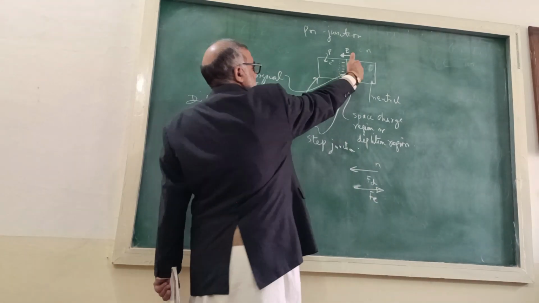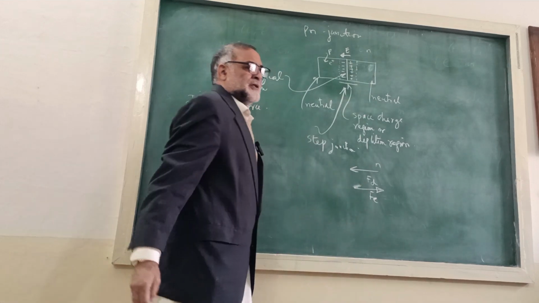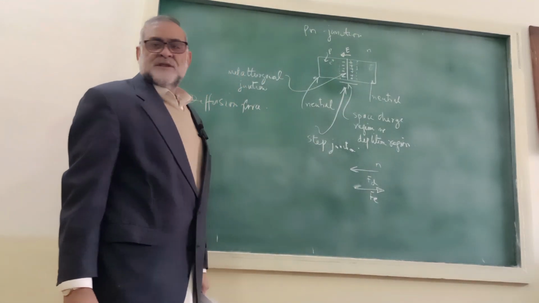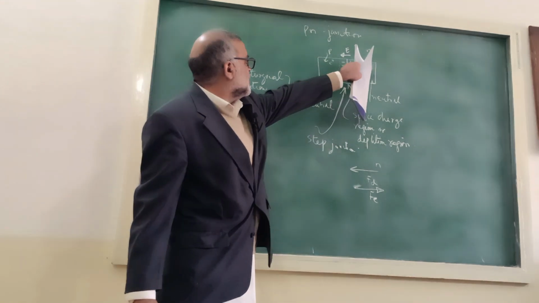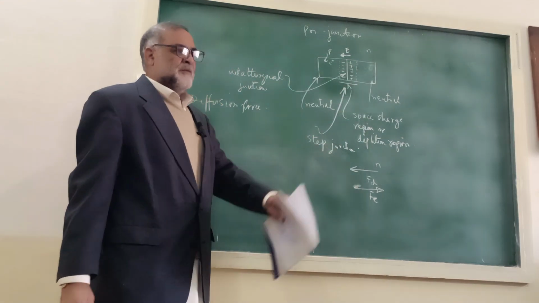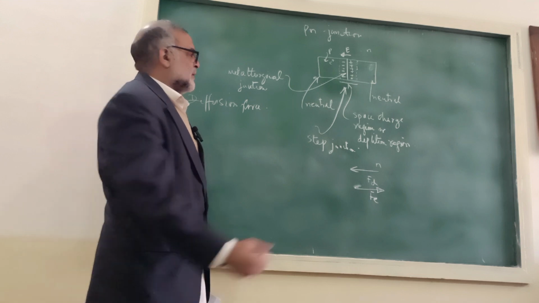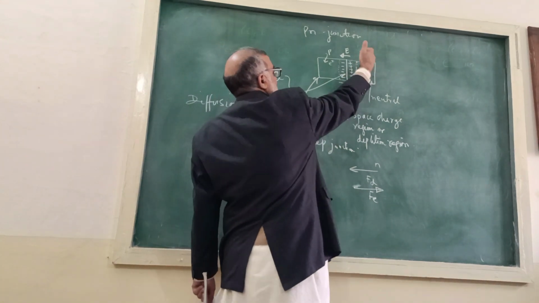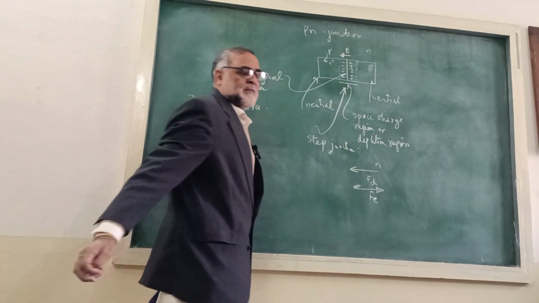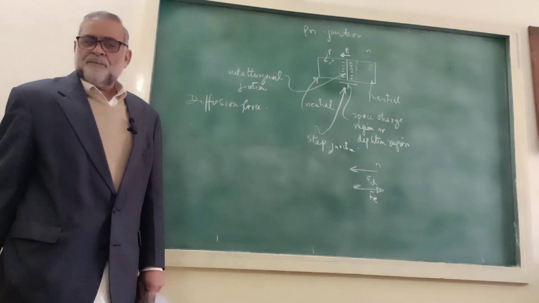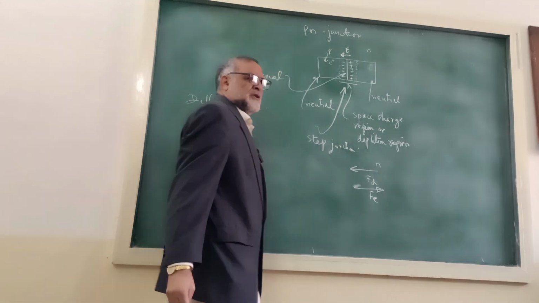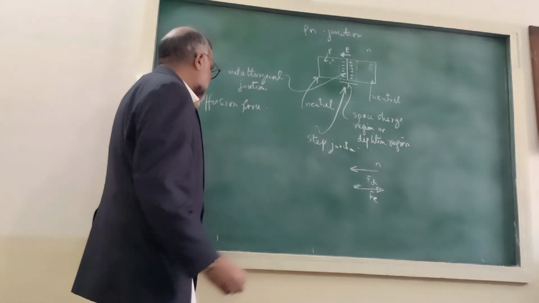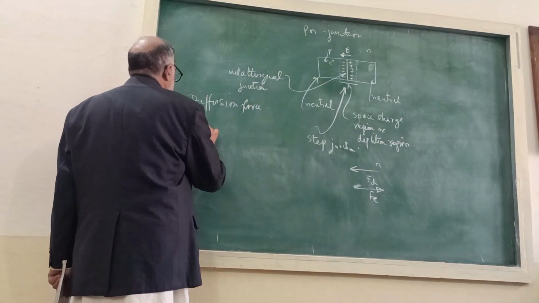Because of this space charge region, a force will act on the free electrons to stop further flow of majority carriers, of electrons, to this side. So the electric force balances the diffusion force, and this situation is called thermal equilibrium.